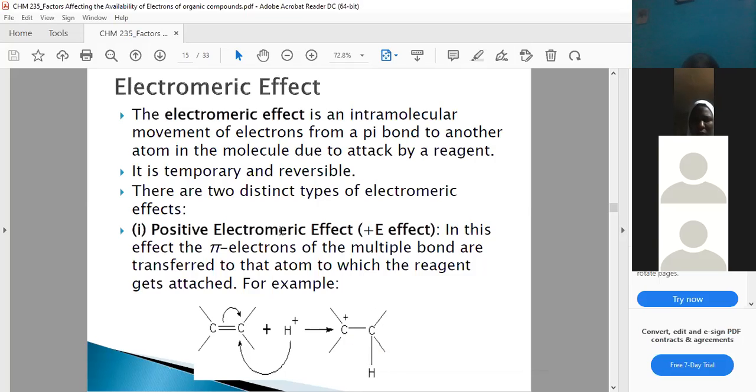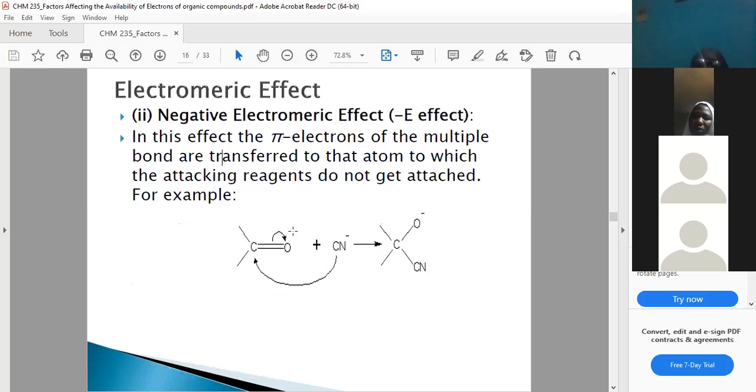Now, electromeric effect also can be positive or negative. It is positive if the electron moves to the carbon atom to which the attacking reagent is attached. Like in this case, this is the attacking reagent. It's attached to this carbon atom where the electron moves to. This is what we call positive electromeric effect.